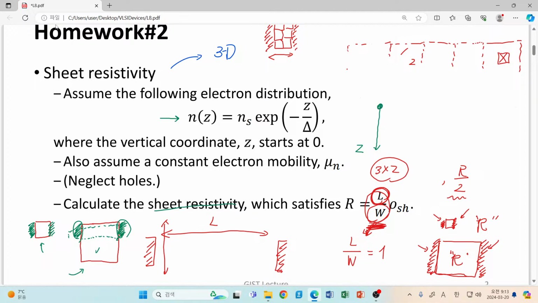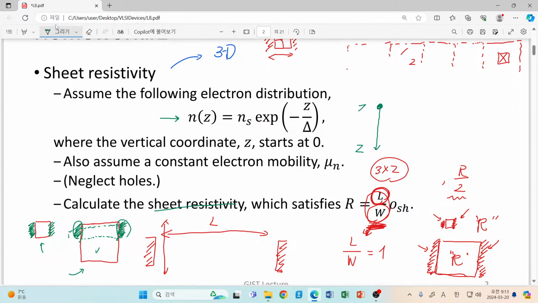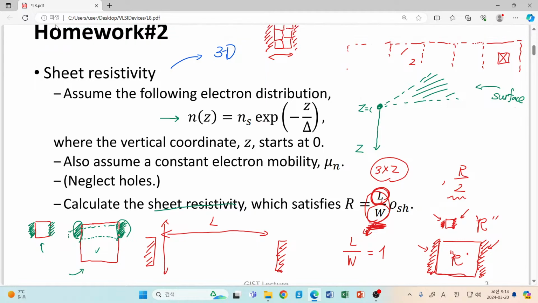And what is the origin of your Z direction? Yes, this is the Z equal to 0 plane. This plane is the surface of your wafer, and you place your contacts just on that surface.